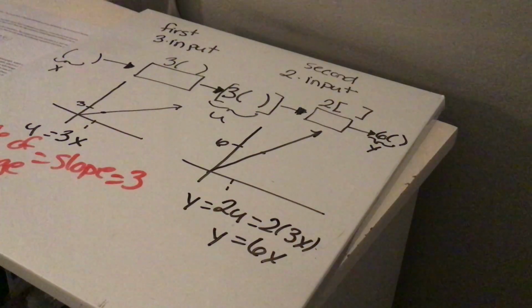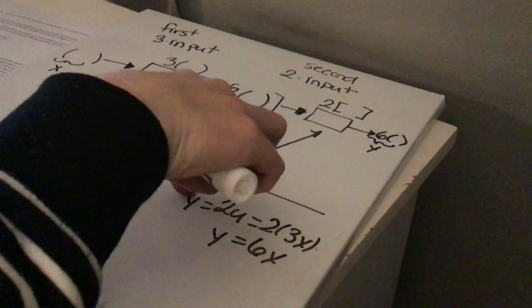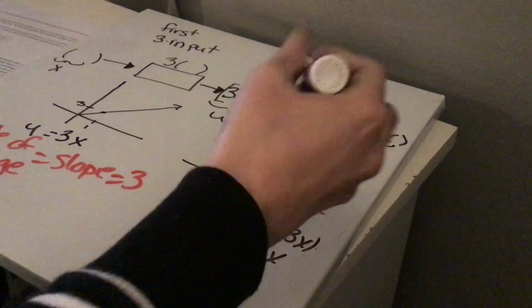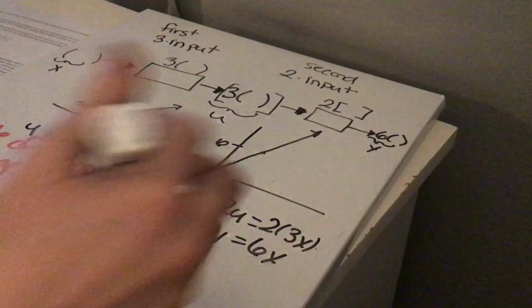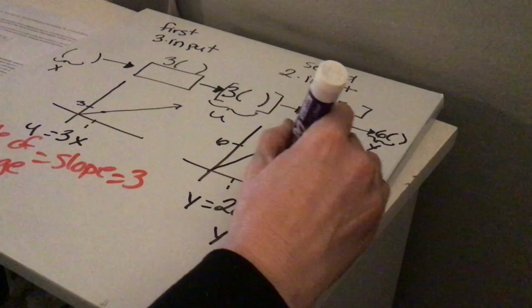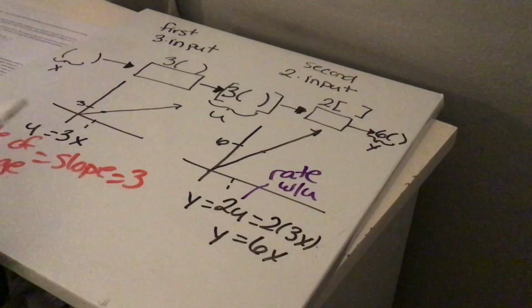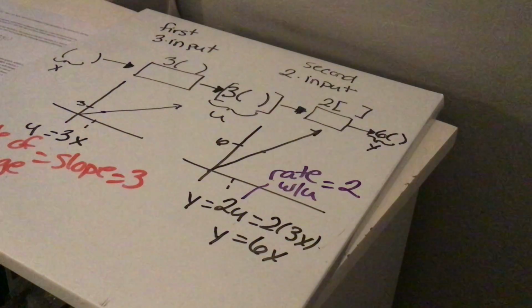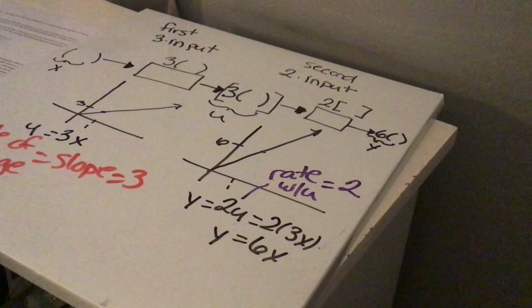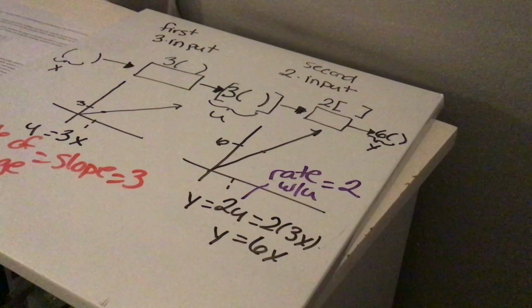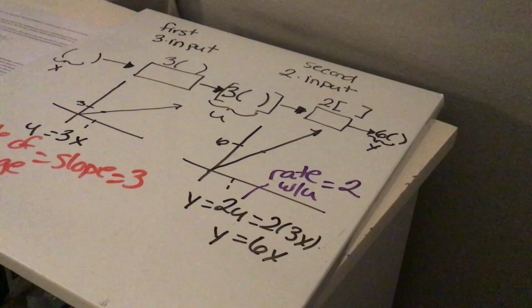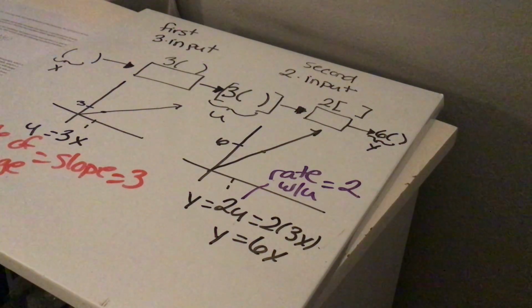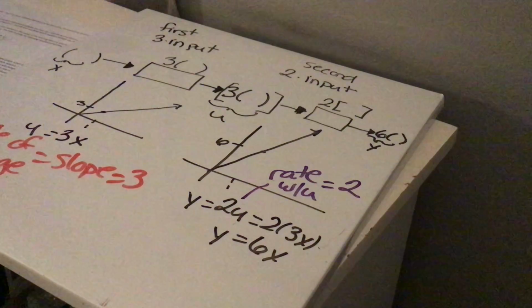The rate of change of y with respect to u is the slope of this graph, which is 2. If x changes by 1 unit, u will change by 3 units. But if u changes by 3 units, then y will change by 3 times 2, or 6 units.